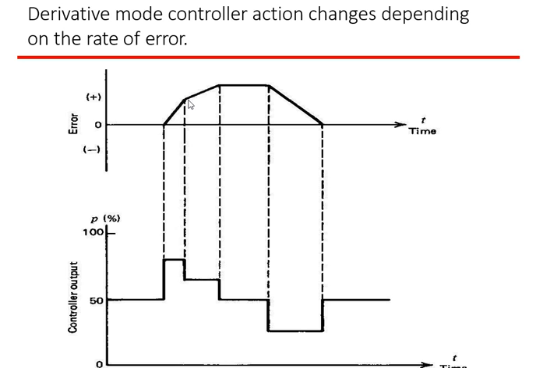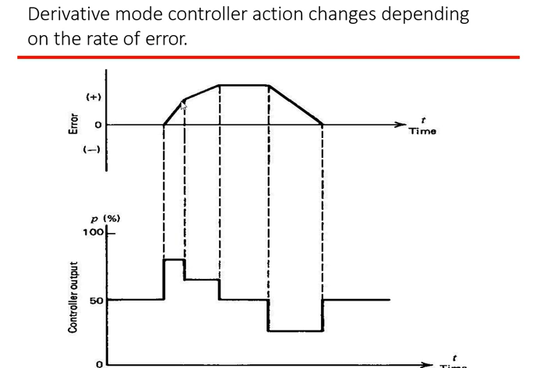Again, if there is a change in slope, now this is the increasing slope, and with respect to this the slope is somewhat decreasing, so here we will get the output like this. Again for some steady state we will get the output like this, and for the decreasing slope we will get the output like this.